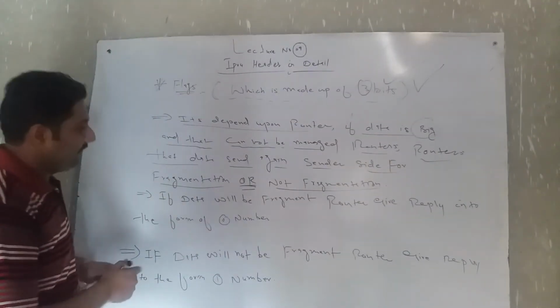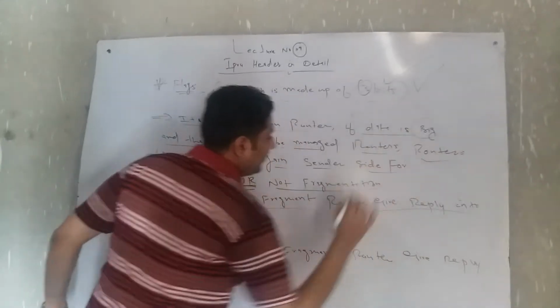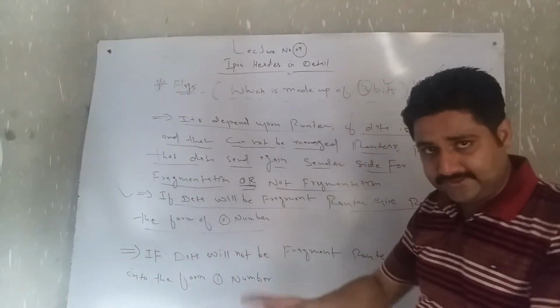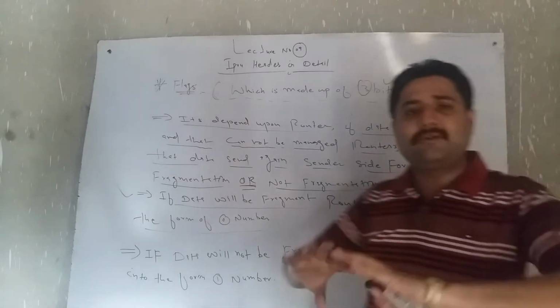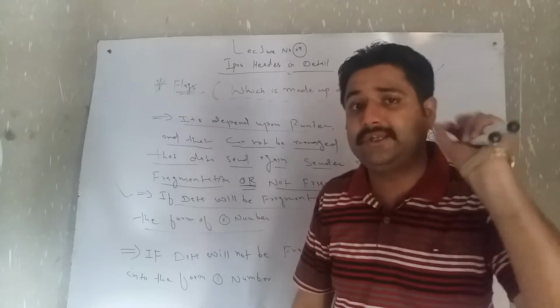If data will be fragmented, the router gives its reply in the form of 0. You have to keep this in your mind, friends.